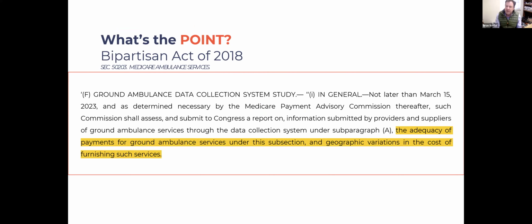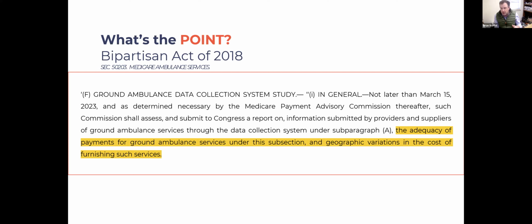So we got here, again, as I mentioned previously, through a provision within the Bipartisan Act of 2018 that not only extended our existing 2%, 3% and super rural bonuses, but it mandated the collection of cost data and a report by MedPAC, which is the Medicare Payment Advisory Commission. It's a nonpartisan think tank that reports to Medicare on reimbursement matters.